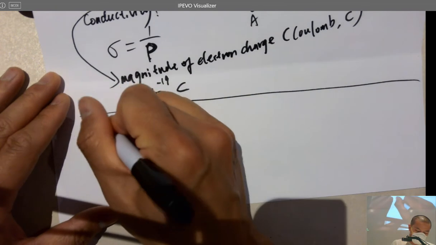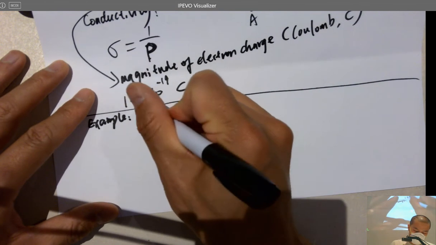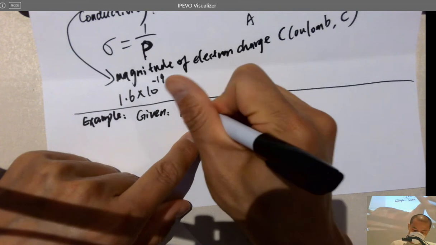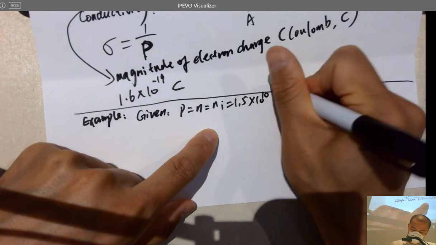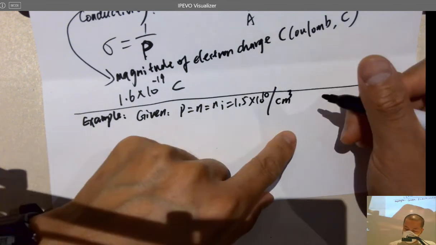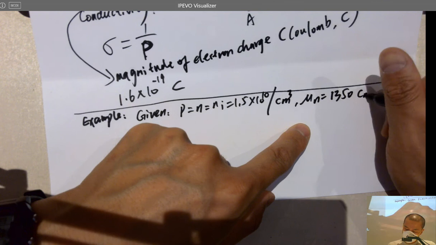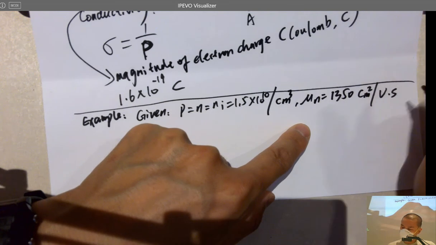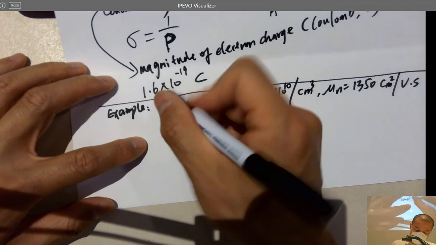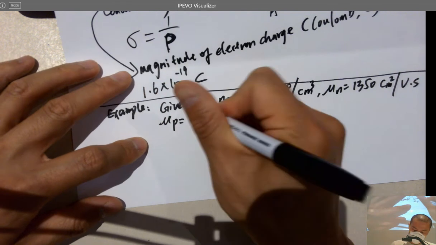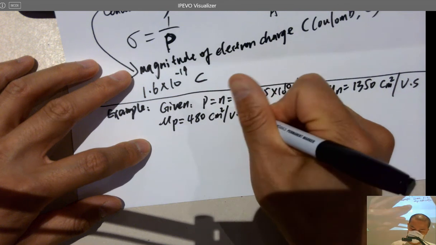Example. Given p equals n equals ni equals 1.5 times 10 to the 10th per cubic centimeter, and mu n is 1350 square centimeter per V times s, and mu p equals 480 square centimeter per V times s.